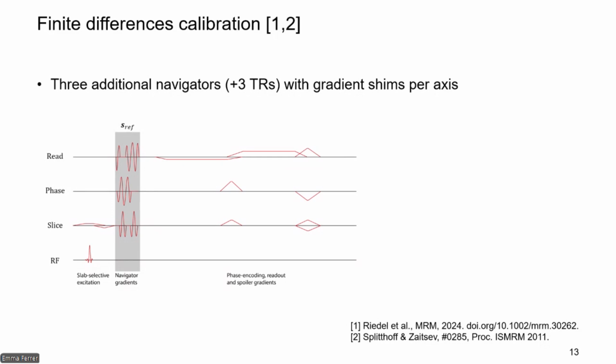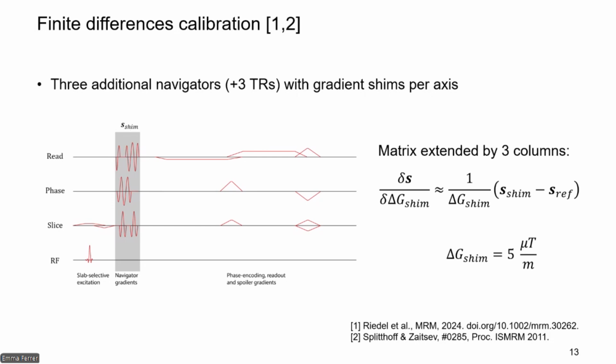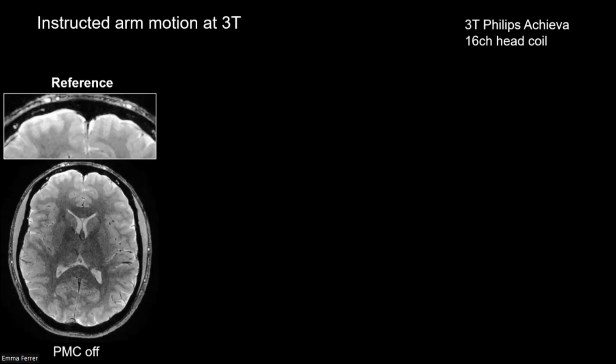So we measure 3 additional navigators in the initial referencing step in 3 TRs, where we just switch on the read, then the phase, and then the slice gradient by a tiny bit, like 5 microtesla per meter. Which is not so tiny, but anyways, and we use finite differences to estimate the column again. Now we have the model extended and can use it, and that's what comes out.